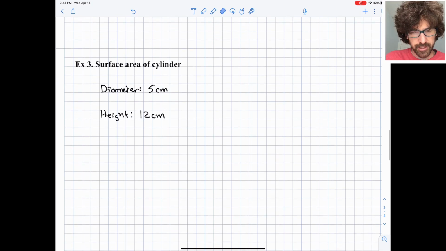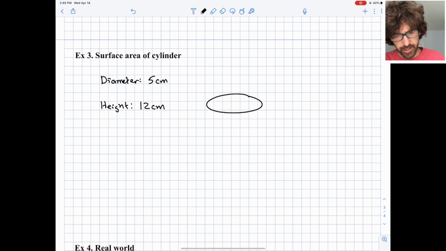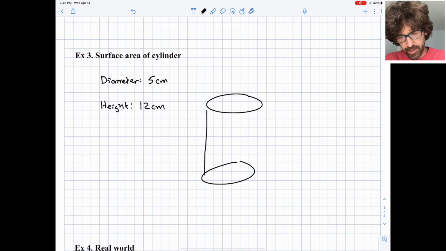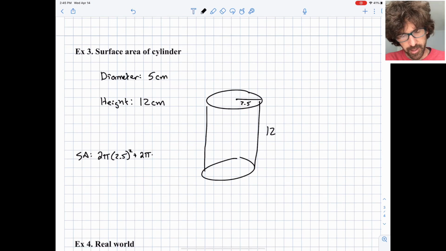Let's do an example. We have a diameter of 5, a height of 12, so sometimes it's nice to sketch a quick sketch of this, and then I'm going to throw in a radius of 2.5, half of that diameter. So our surface area is going to be 2 pi times 2.5 squared. That's going to give us the top and the bottom areas, plus 2 pi times 2.5 times 12.